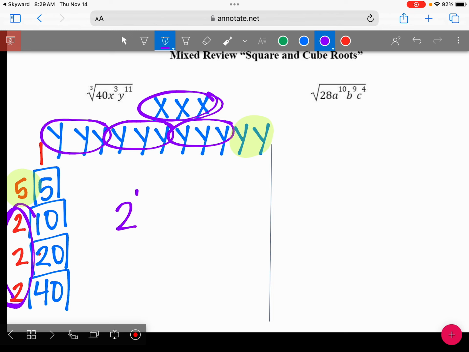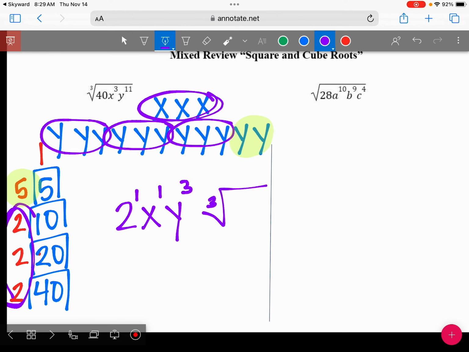So it would be 1 group of triplet 2s, 1 group of triplet X's, 3 groups of triplet Y's, and when I make my house, the 5 and the Y squared have to stay. That would be your final answer.